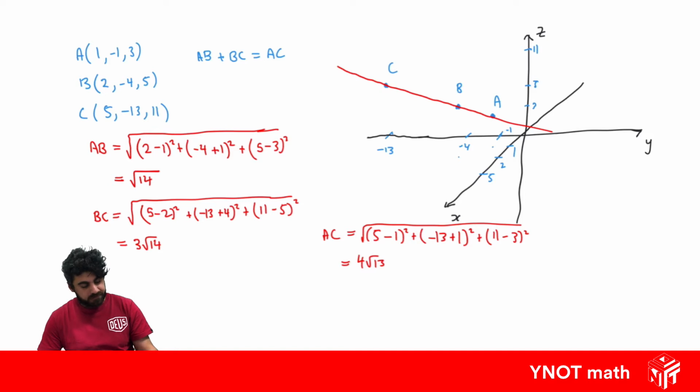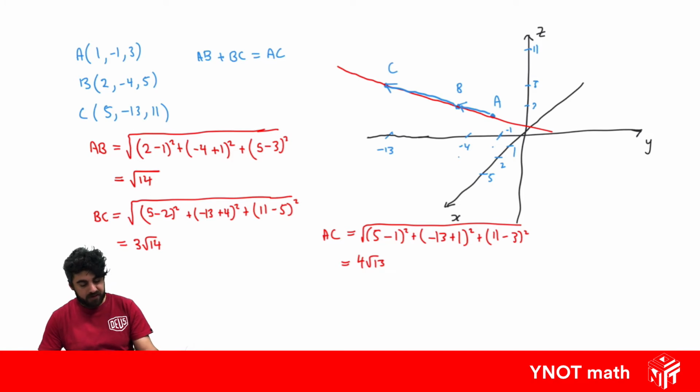We could look at the vector of A to B and then look at the vector from B to C. And if we're able to express one of these vectors as a scalar multiple of the other, it will mean that the vectors are parallel, and we can also show that if they share a common point, they must also be collinear.